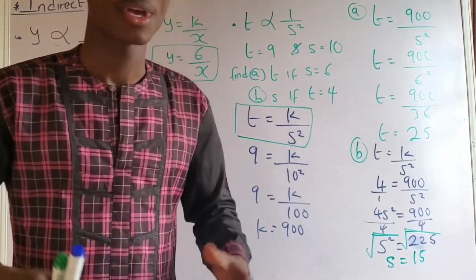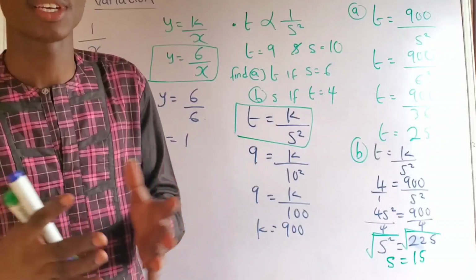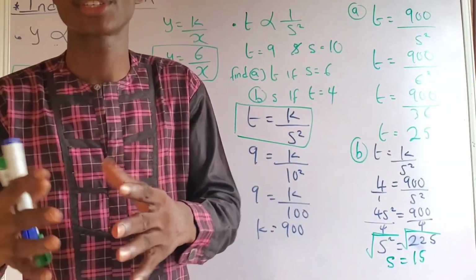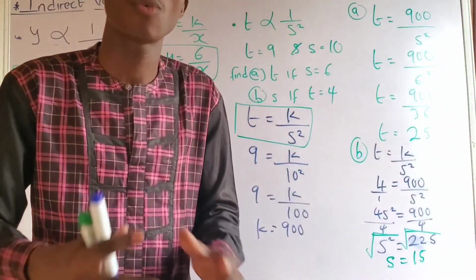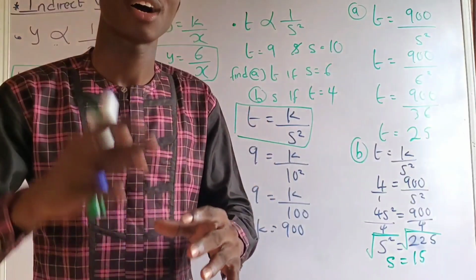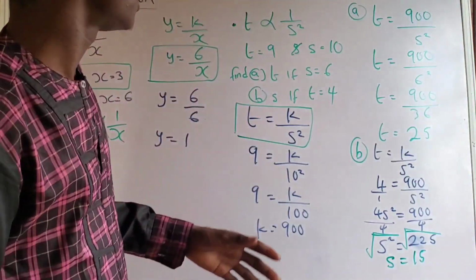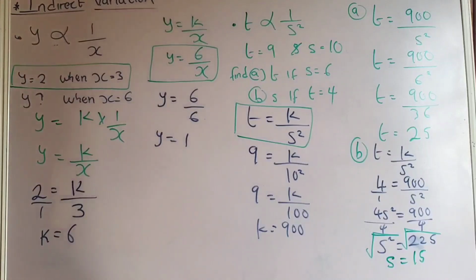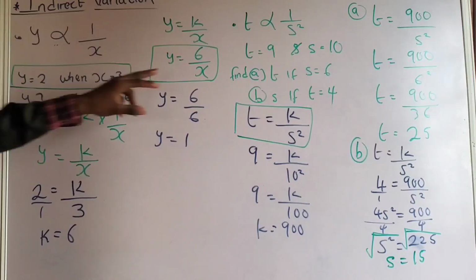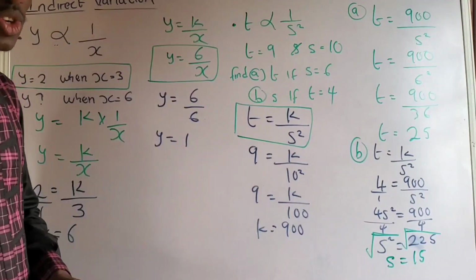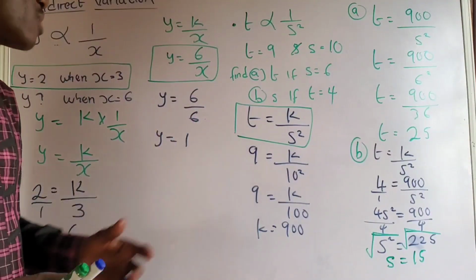So an inverse relationship or indirect relationship or inverse variation or indirect variation is a kind of variation in which as one quantity increases, the other quantity decreases. We can test based on this relationship that we have here. Please listen. The relationship connecting y and x in the first question is y equals 6 over x. Now, let us increase the value of x.